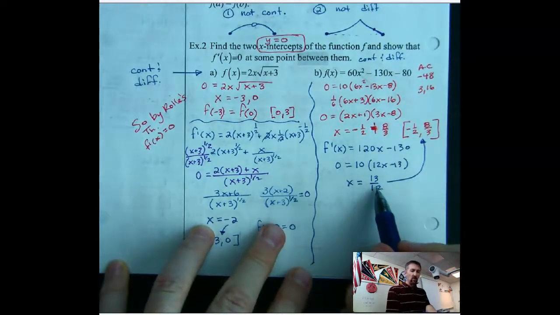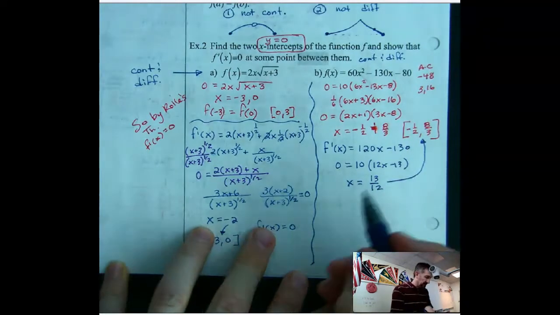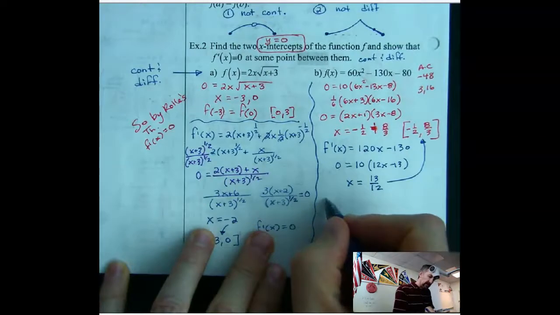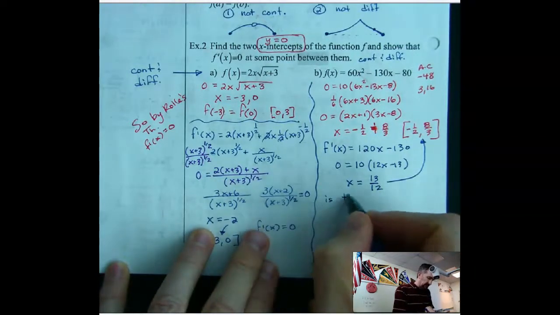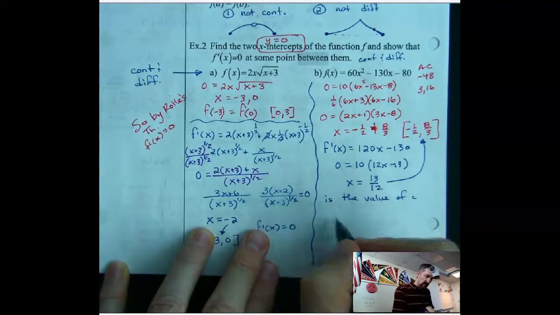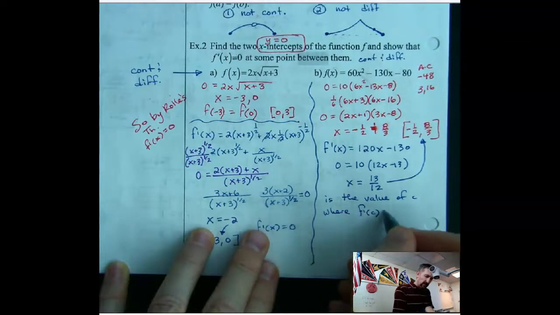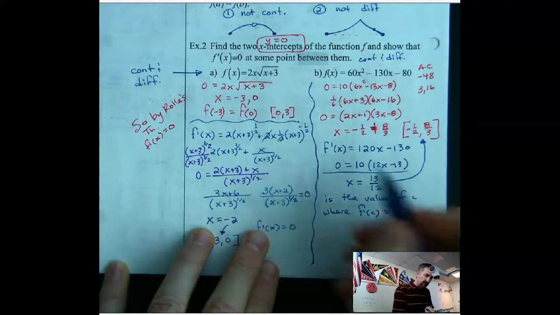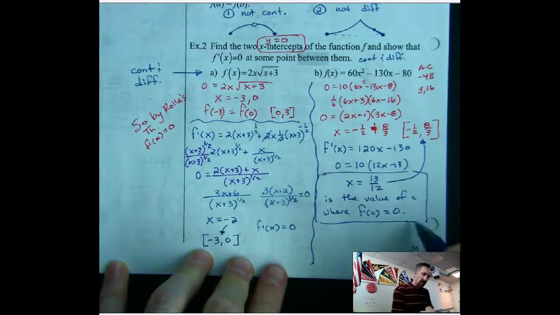That's a little bit more than 1, and this interval goes all the way up to 2.67. So that's in there. So we could say x equals 13/12 is the value of c where f prime of c equals 0. So that might have been a better way to express that answer over there.